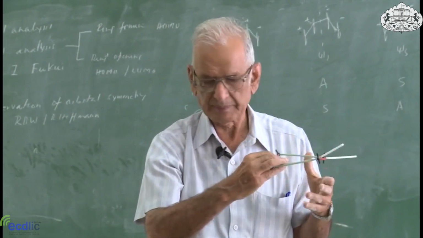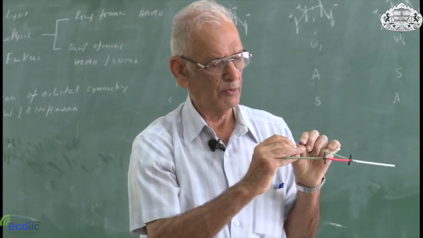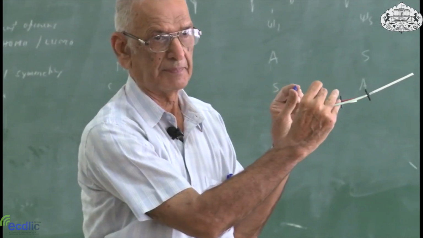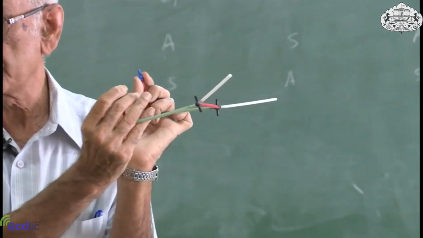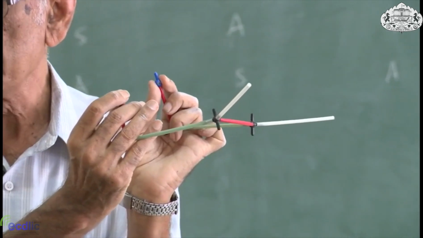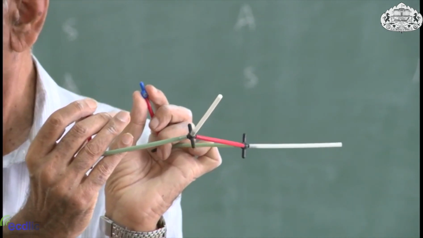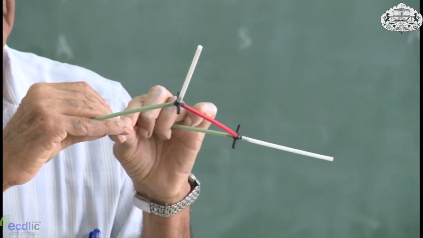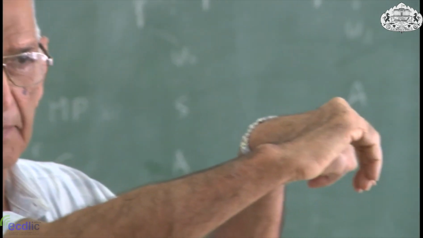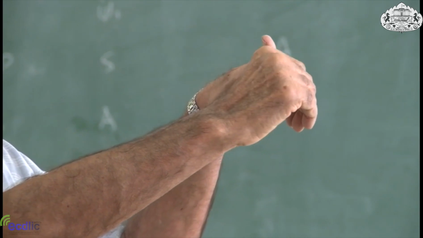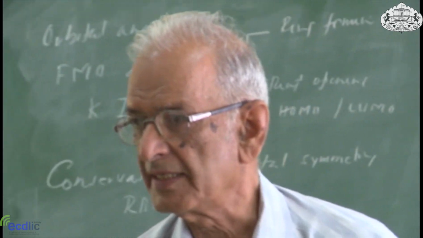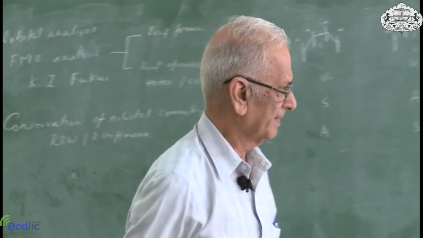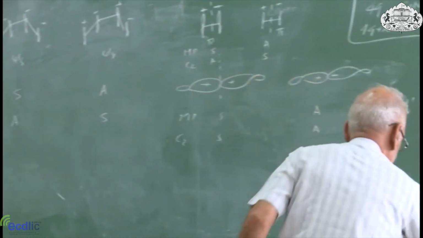Just now there is a mirror plane. Move it like this, there is a mirror plane. Move it like this, mirror plane. So, the disrotatory opening is associated with a mirror plane symmetry. So, the disrotatory process is associated with a mirror plane symmetry. Let us show that.